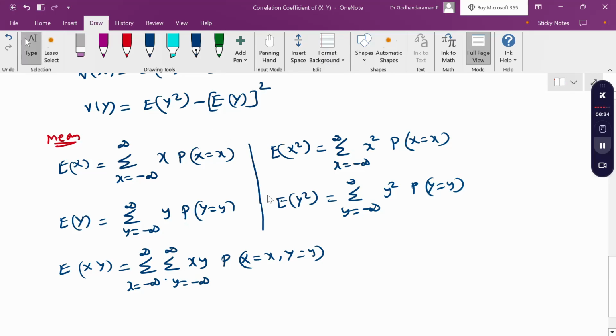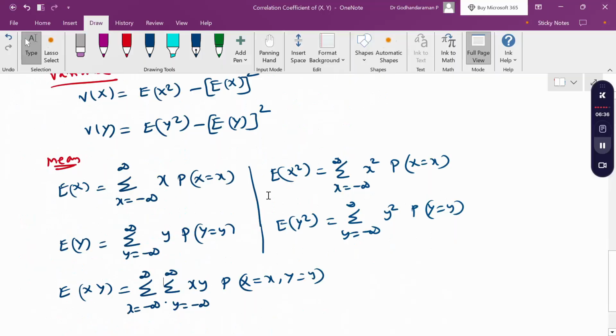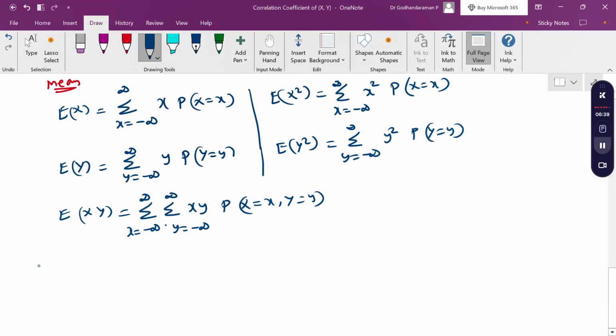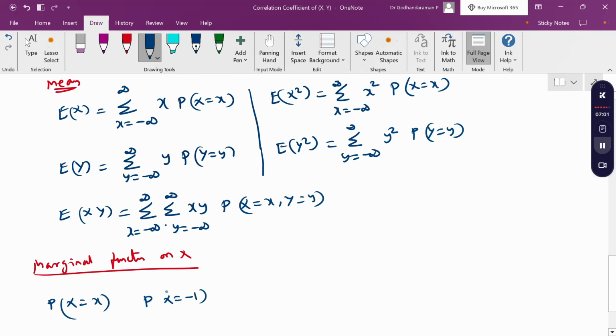Now the marginal functions, yes, we know that. The total value of the marginal function P of X: P of X equal to -1 is 3/8, and P of X equal to 1 is 5/8.